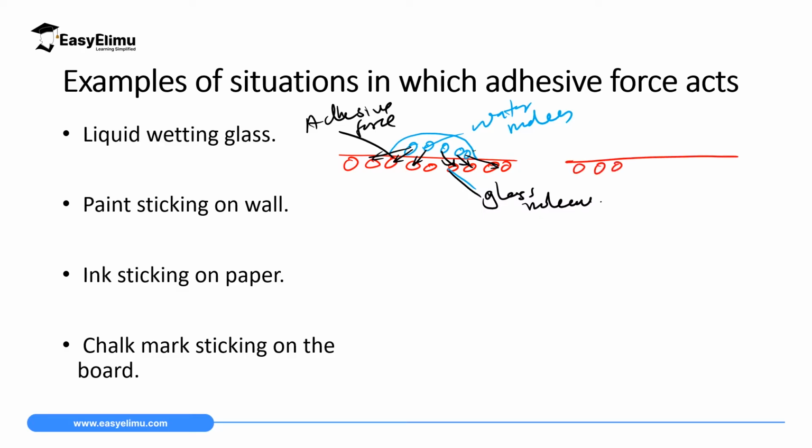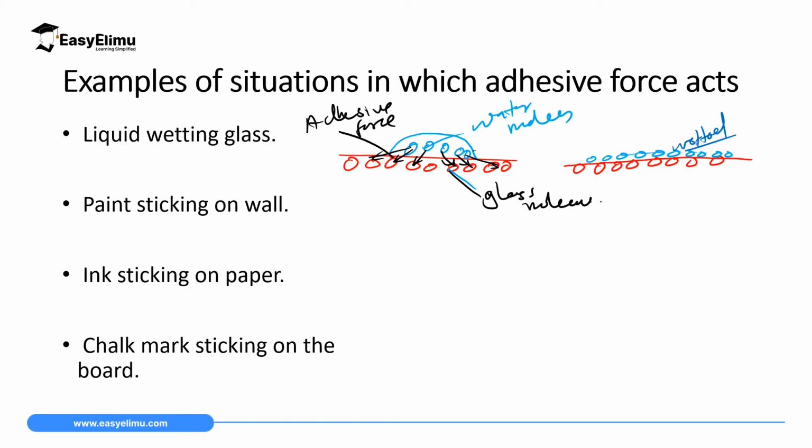We will have glass molecules down here, and on top of it, water molecules spread all over the glass. So we say water has wetted the glass. The reason why it has wetted the glass is because of adhesive force of attraction between the glass molecules and the water molecules.